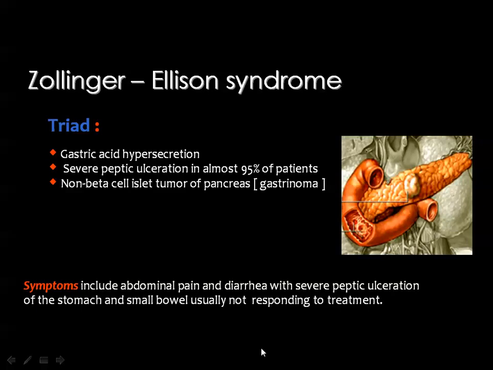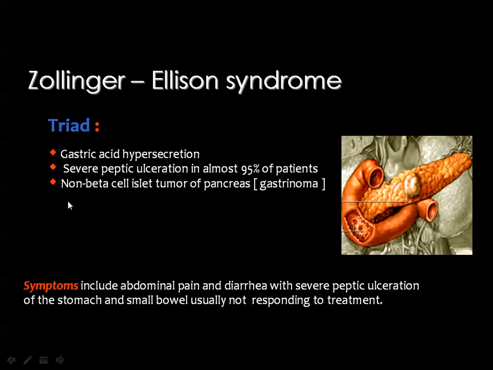Then this syndrome is characterized by a triad which includes gastric acid hypersecretion or hyperacidity, and severe peptic ulceration, which are usually multiple and are usually located in atypical locations.